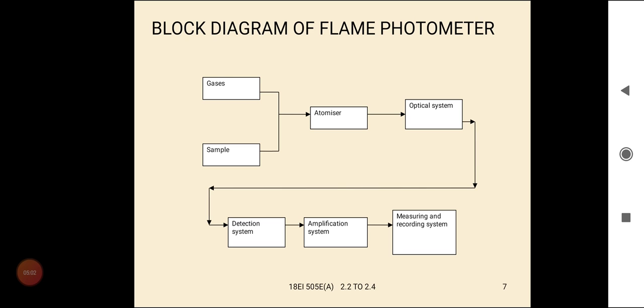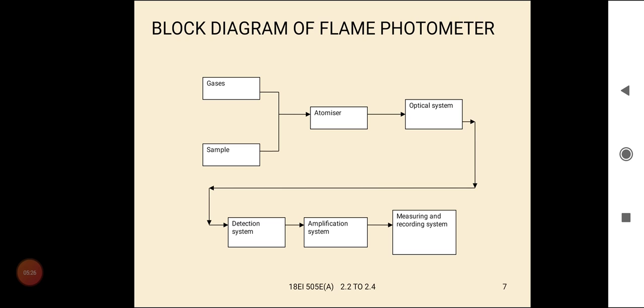Due to the flame principle, when an atom is excited in the flame, that is, burning of the atoms in the flame, it gets external energy due to the flame. It will excite from lower energy level to higher energy level.